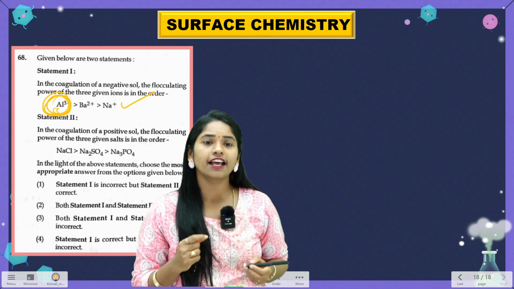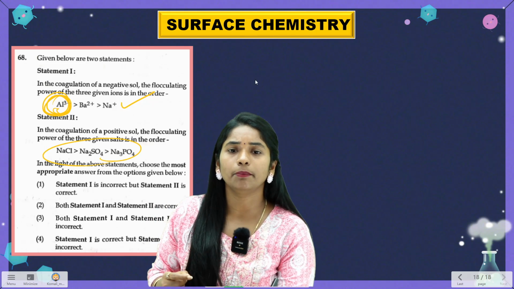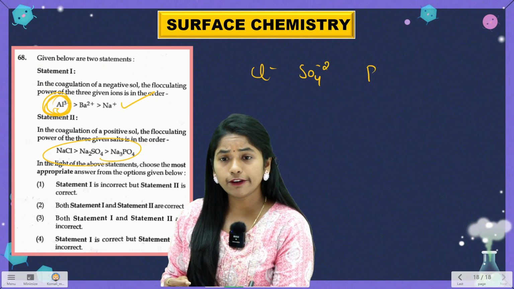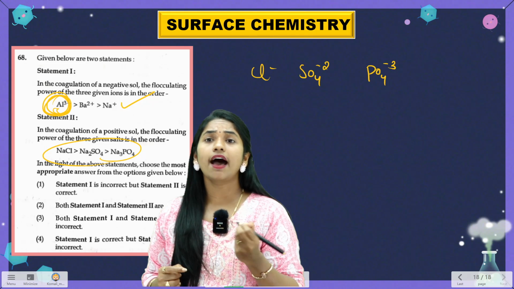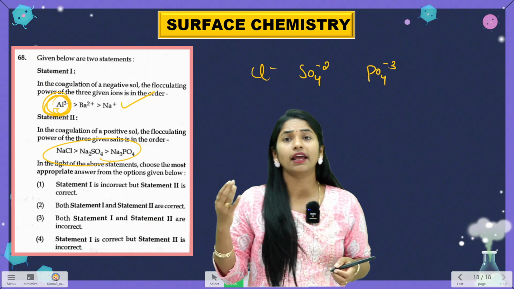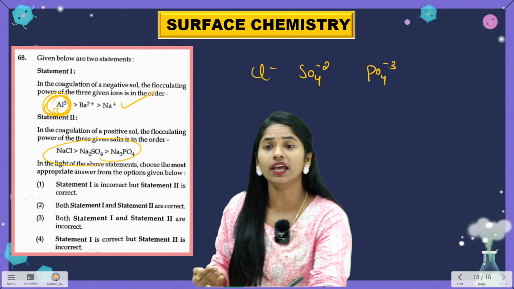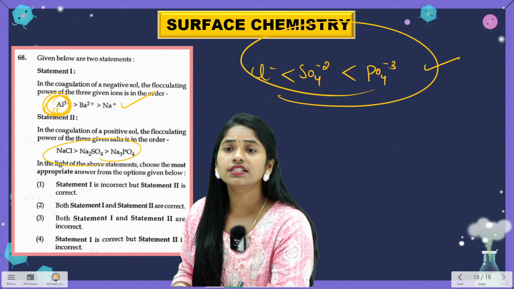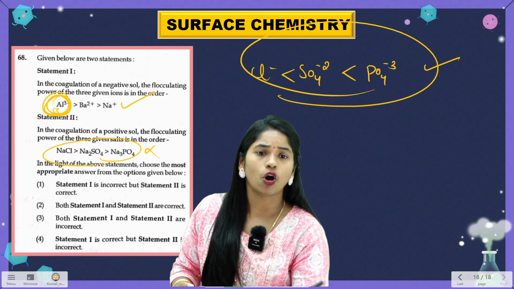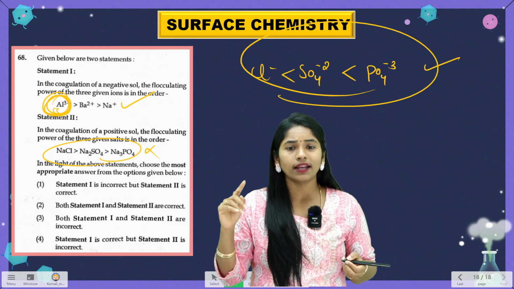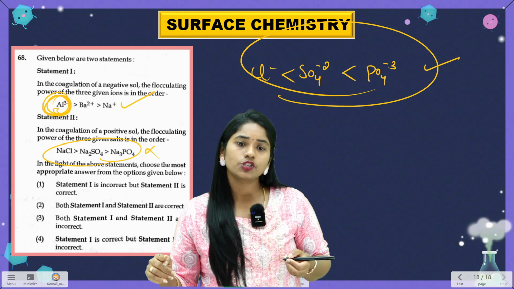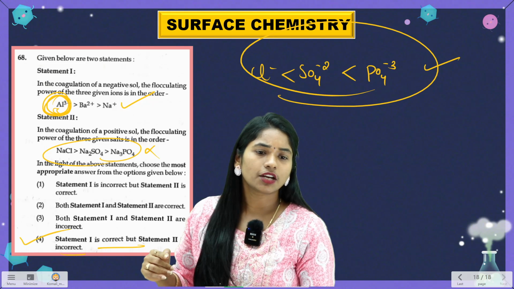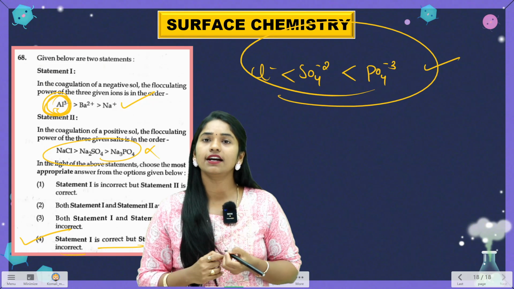But you see the next one, the reverse order is given, because Cl minus, SO4 minus 2 and PO4 minus 3, which has more charge? PO4 minus 3 has more charge. Okay, so this is a correct statement. This is a wrong statement. Statement 1 is correct and statement 2 is incorrect. Option 4 is the correct answer.